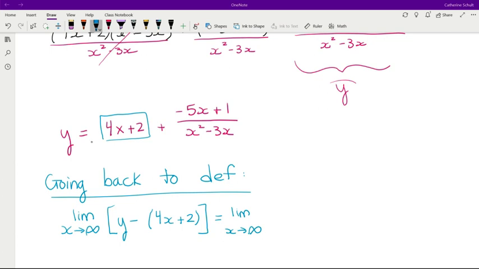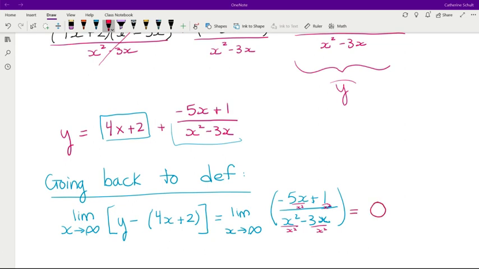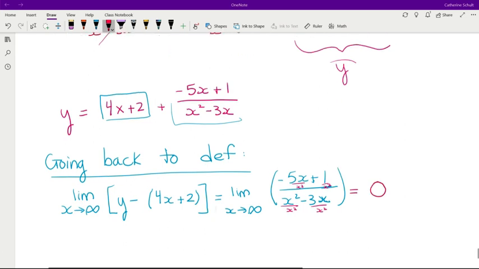If we subtract the 4x plus 2, what's going to be left over is this. Okay, and then as this goes to infinity, we can take the limit at infinity, we can divide everything by x squared. So we're going to get a 1 in the denominator, and all the other terms will go to 0. So 0 divided by 1 is 0.